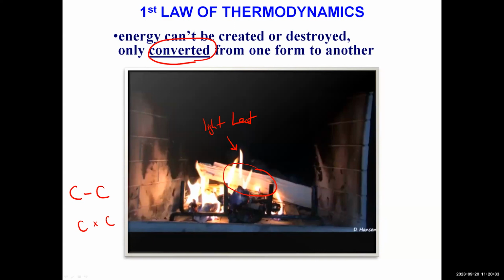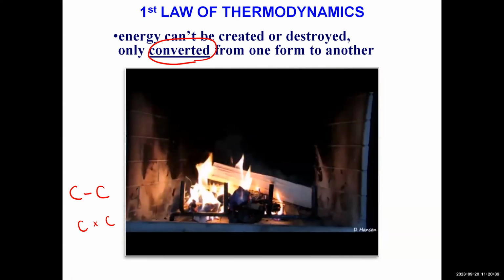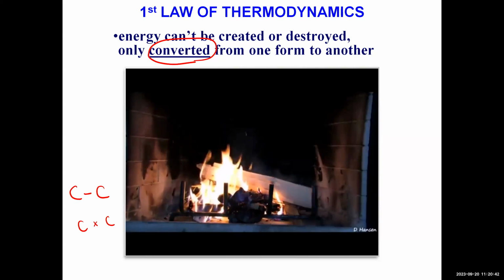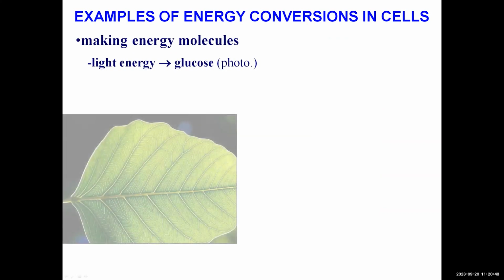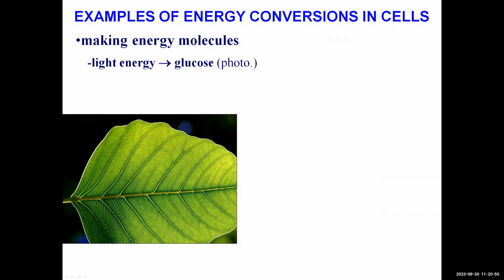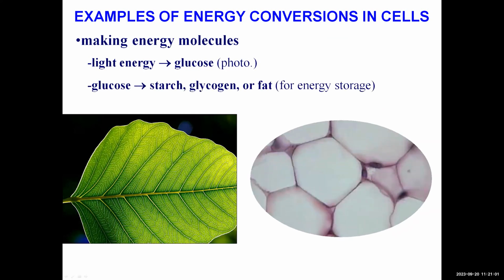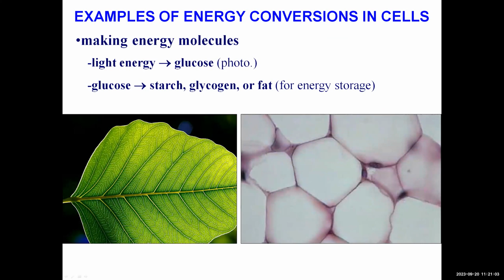Conversion of energy is something that happens all the time in cells, usually through the making of energy molecules. For example, we can use light energy through photosynthesis to make sugar or glucose. In this case, we are converting the energy in photons into chemical energy. We can also convert different types of molecules into other molecules.